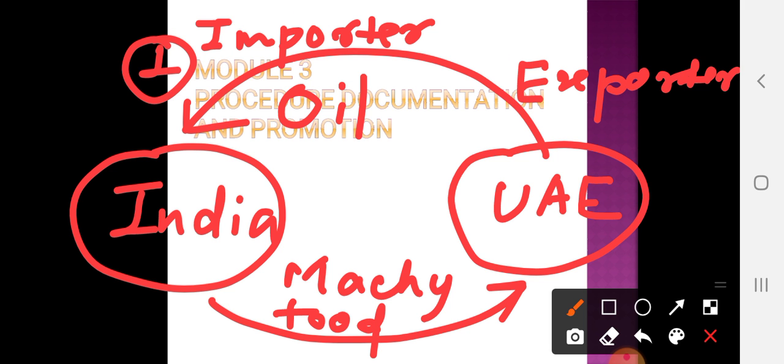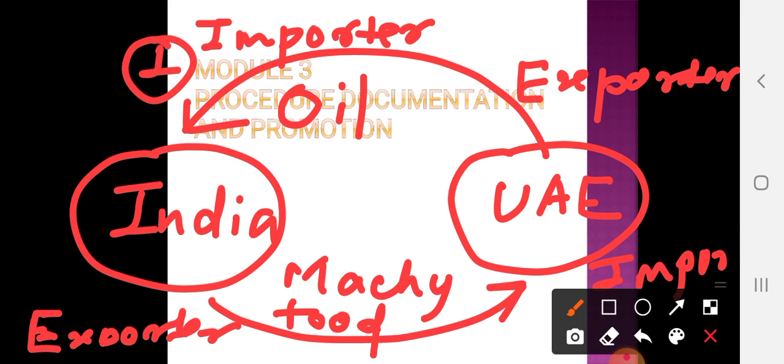In the next transaction, India is providing machineries and foods to UAE. In this case, India becomes the exporter of food and machinery, and UAE becomes the importer. This is the difference. I hope you have understood with this example. This is all about the export and import difference.